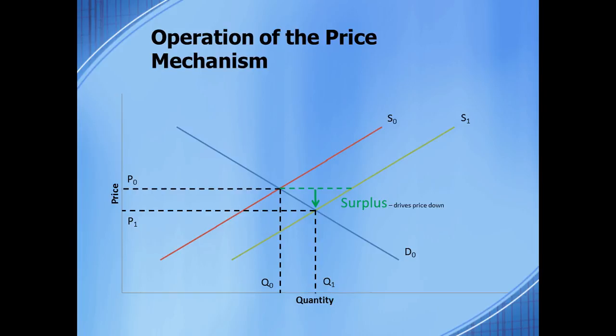So the price is now reduced to P1. There's a fall in price, but there's an increase in the quantity demanded. As you can see from the chart, we have reached a new equilibrium. The supply is increased, the price decreased, and the quantity demanded increases. This is the price mechanism in action.